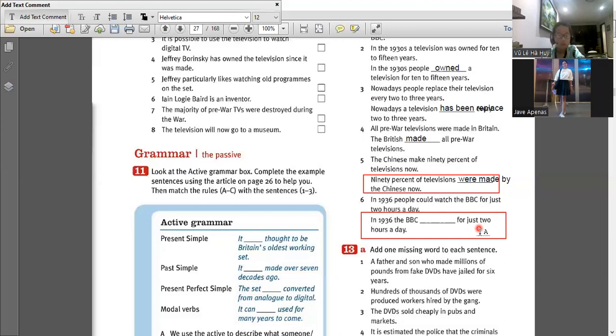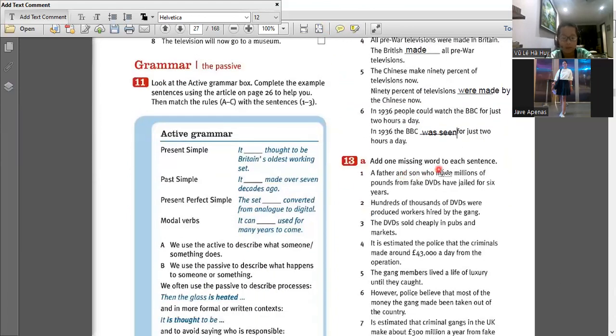All right, so I'm going to put the answer. In 1936, the BBC was seen for just 2 hours a day. So that's how you're going to rephrase that sentence. Was seen.